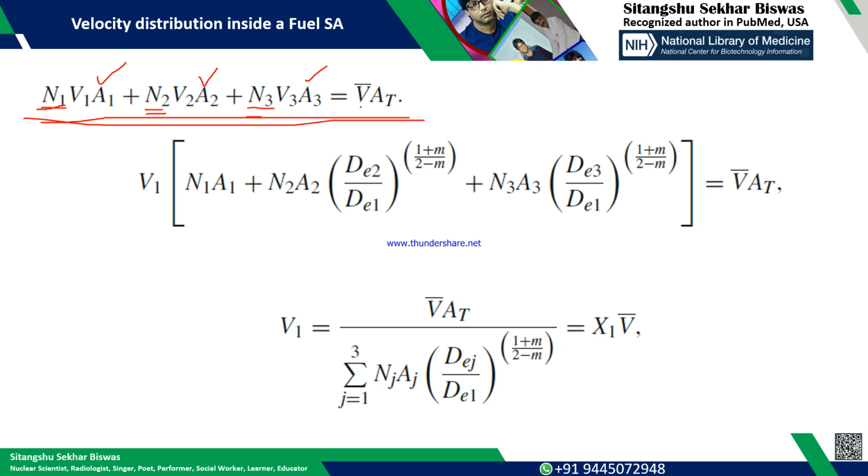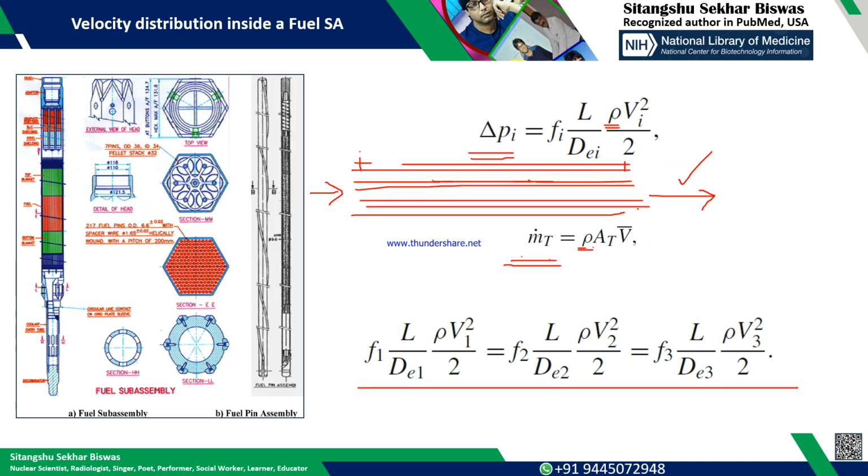And this V bar is the average axial velocity. So we measured it from here, as I told you. Here we measured that velocity using some flow meter.